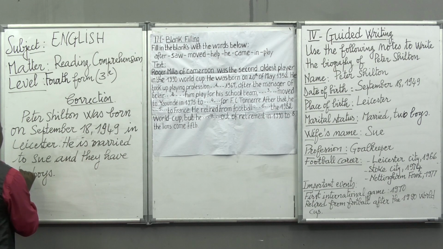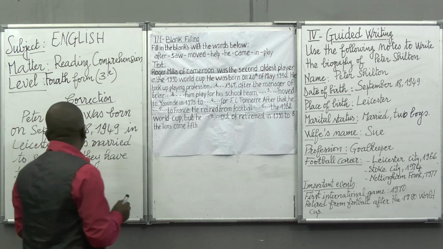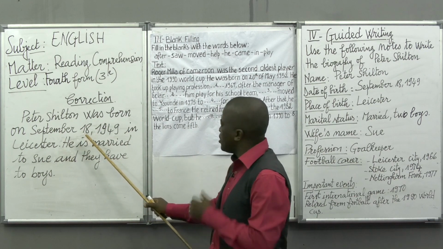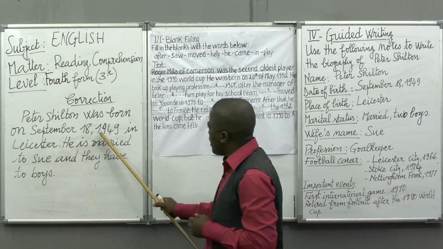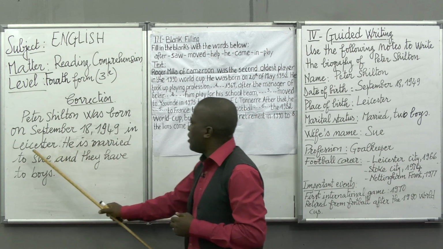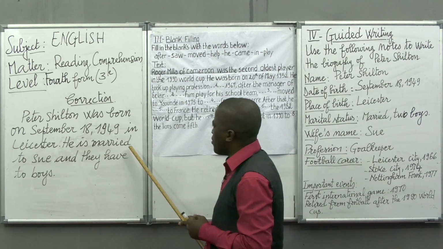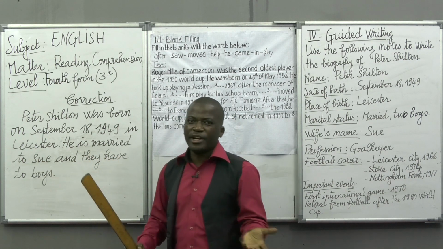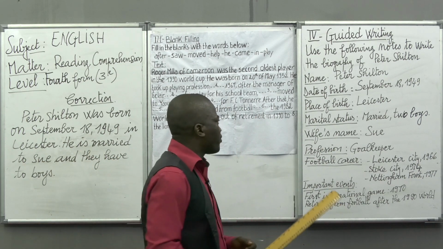Good. You are very intelligent, class. I'm happy. Then Peter Shilton was born on September 18th, 1949 in Leicester. He is married to Sue, and they have 2 boys. Very easy, class. Let's continue.